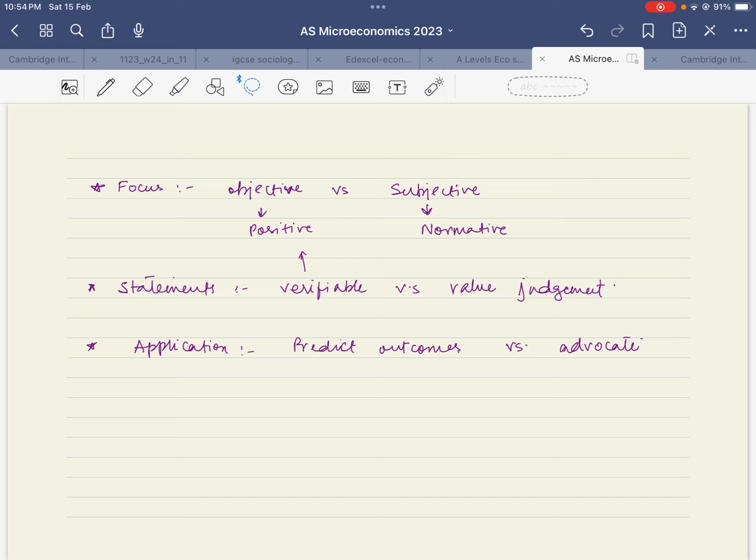Examples of positive statements include: increasing the minimum wage will lead to decrease in unemployment levels. This is a verified fact. When minimum wage levels increase, more people are willing to work, right? So it will lead to decrease in unemployment levels.